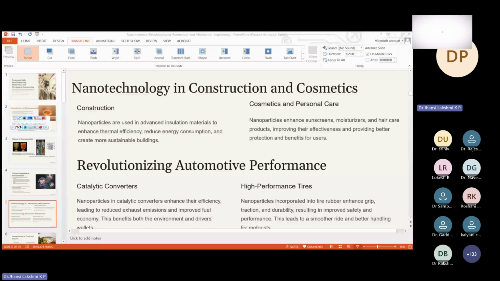At a particle diameter of 10 nanometers, 20% of the particle's atoms are positioned on its surface. As the size keeps decreasing, for a 5 nanometer particle, 40% of the material will be on the surface.